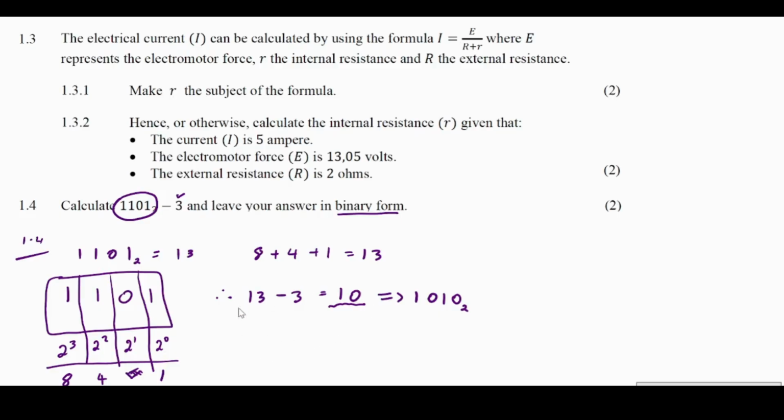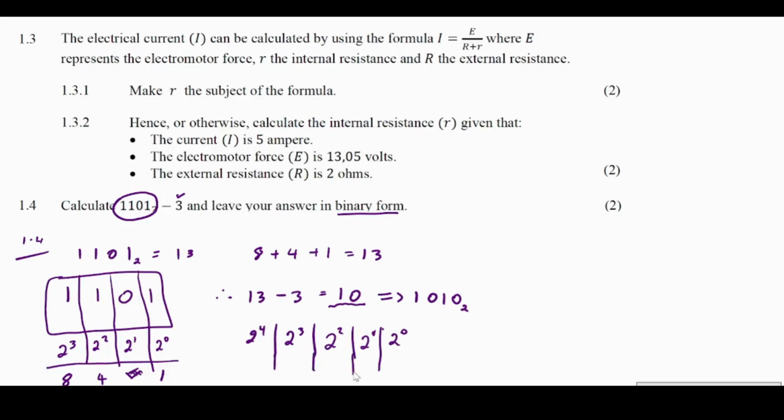Not a problem. I'm going to use the same table method. 2 to the exponent of 4, 2 to the exponent of 3, 2 to the exponent of 2, 2 to the exponent of 1, and then 2 to the exponent of 0 there.